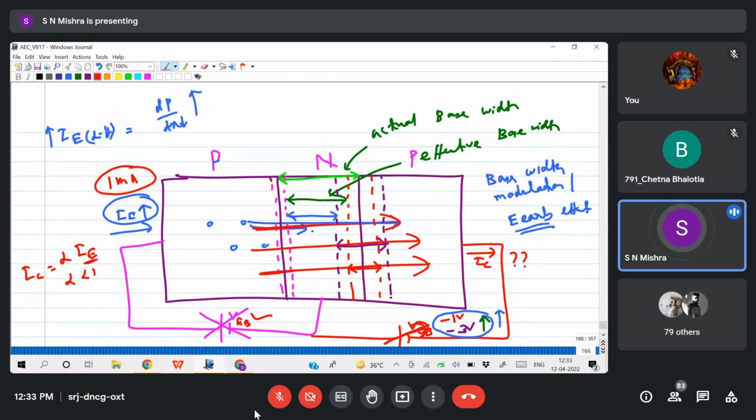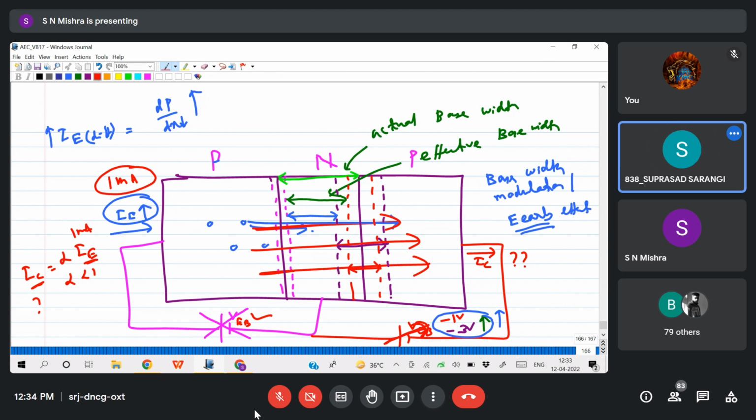So if IE is 1 milliampere fixed, how much maximum IC will I get? Less than 1, because alpha is less than 1, so 1 milliampere times less than 1 will be less than 1 milliampere or nearly about, because alpha is 0.95 or 0.995 like that. So we can take approximately 1, or a little bit less than that we'll get.